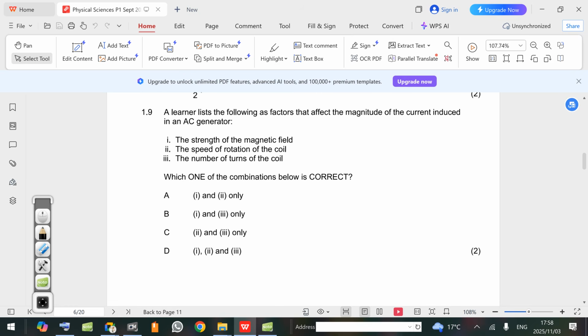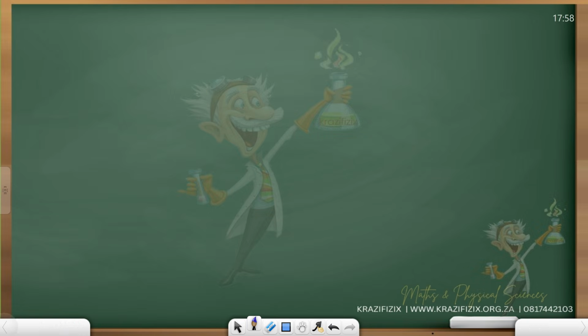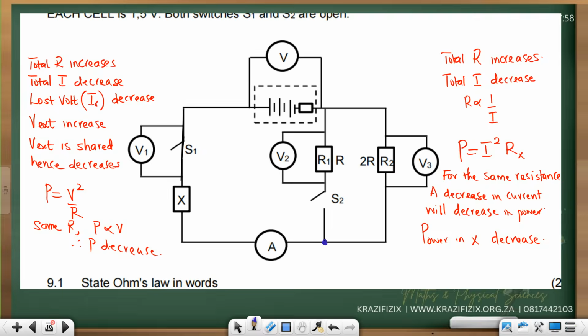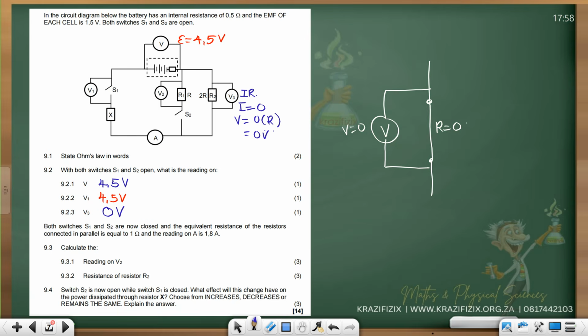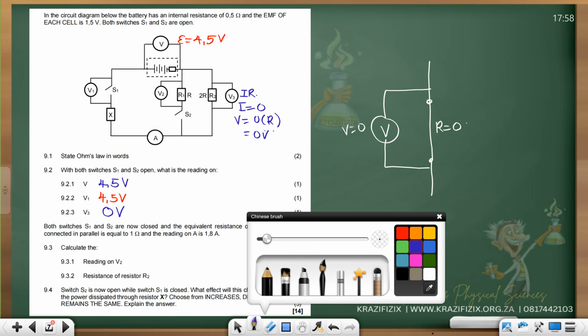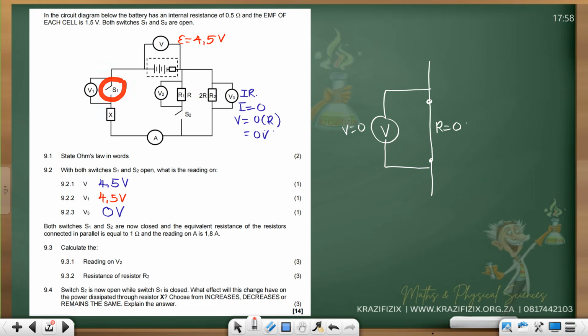Let's go back. With the way it is, that's a switch, right? Because it is a switch, this V is actually measuring the entire energy of this. The difference between this and this: there's no resistance here, there's resistance here.